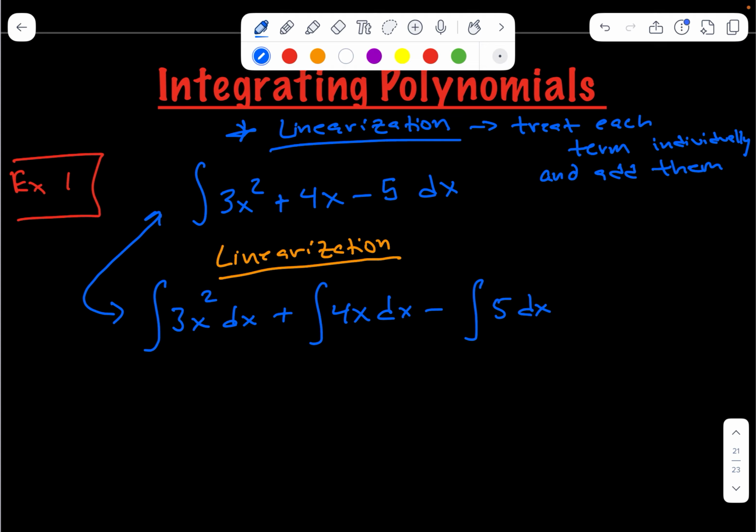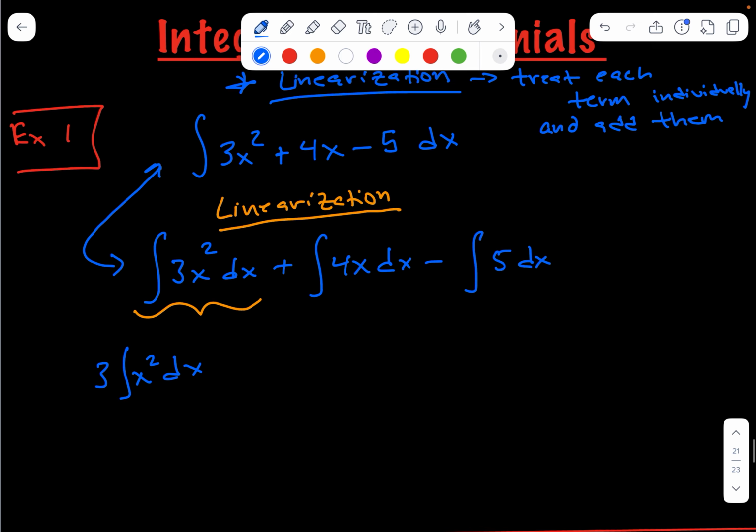So looking at this first integral right here, we see we can take the 3 out in front, and then we're left with integral x squared dx. Using power rule, we know that this comes out to be 3x cubed over 3, and then we can cross these out.